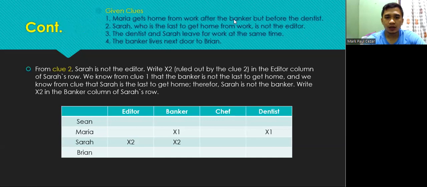That's why clue 1 is saying that the banker is going home first before the dentist. So if we interpret that clue, the banker is not the last one to get home. So we have to put an X mark here in Sarah's row and the banker's column. And we know that Sarah is the last to get home, therefore Sarah is not the banker. So we are going to write X2 in the banker column of Sarah's row.